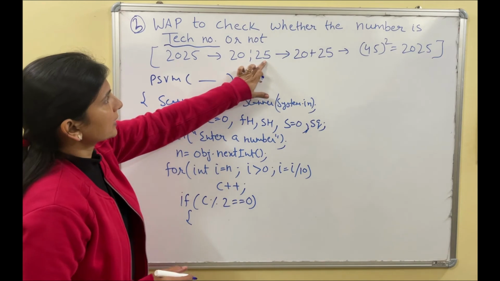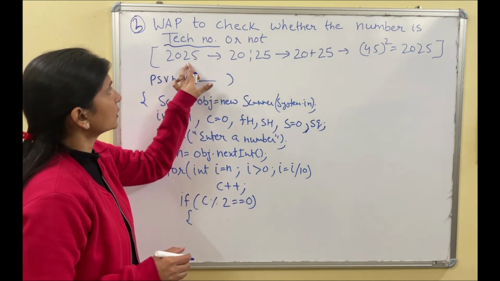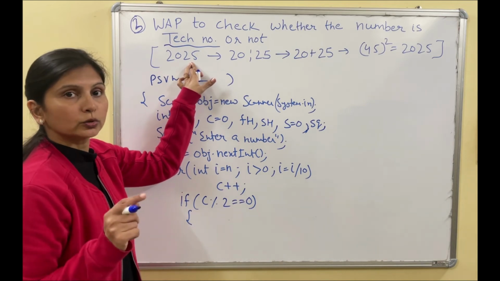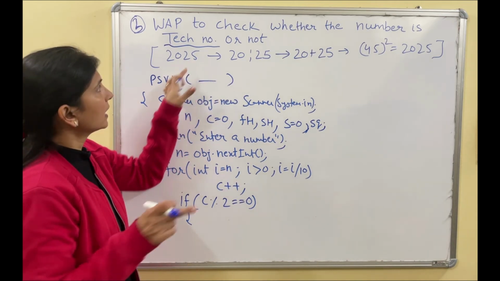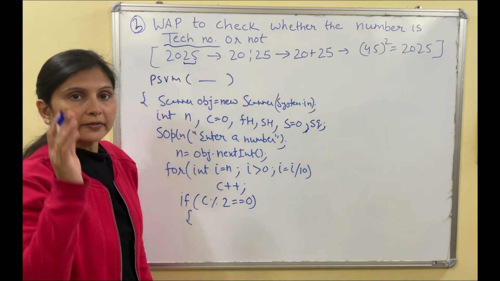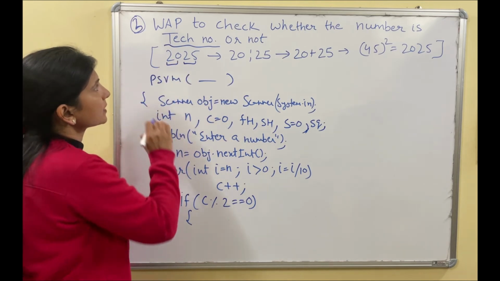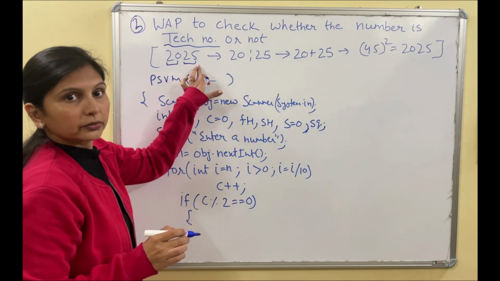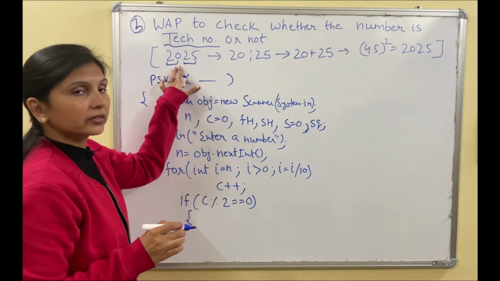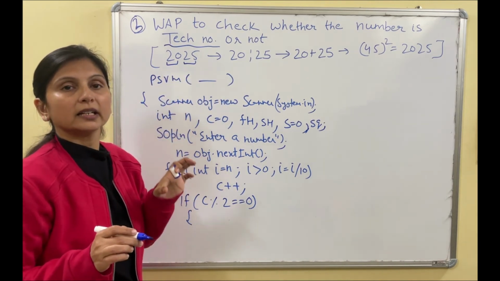So how will you extract 25 from this? 2025, if I take 2025 mod 100, I will get 25. If I write 2025 slash 100, then I will get 20. So mod 100 gives 25 and slash 100 gives 20. So in this case only we are applying the 100.